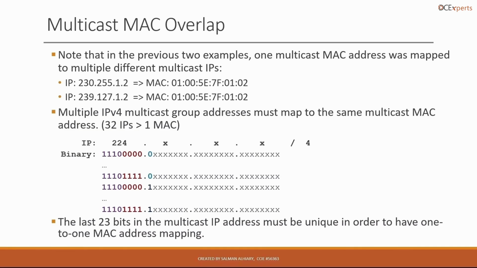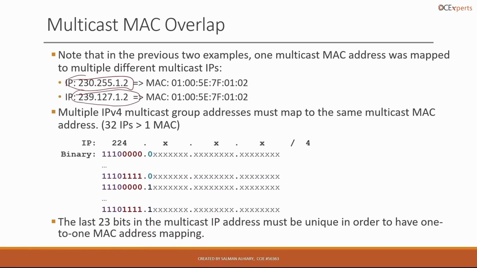For a multicast host, this overlap means that if its NIC card is programmed to listen to a particular multicast MAC address, it could receive frames for multiple other multicast groups. For example, imagine that a source is active on a LAN segment and is generating multicast group traffic to 230.255.1.2 and 239.127.1.2.